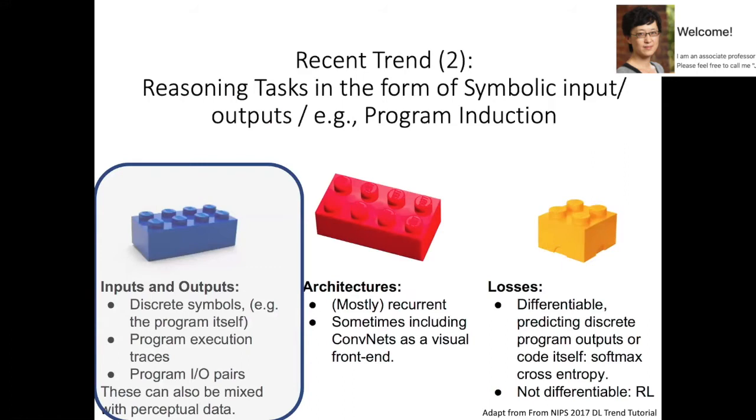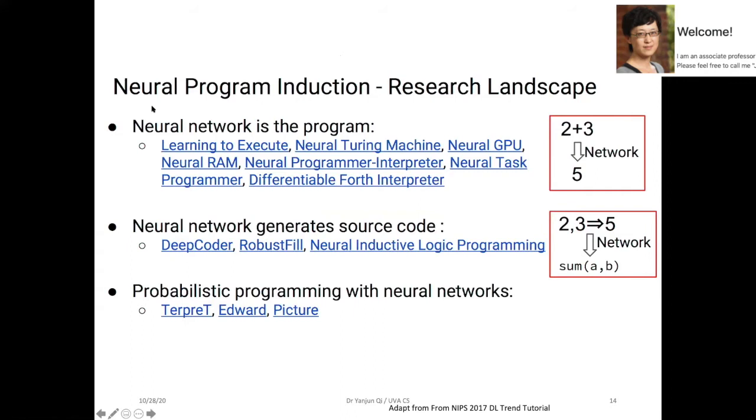The second trend is about symbolic input, where there is some kind of ordering among the symbolic input. The most classic is the program. There is very good work where you feed in input-output pairs. In this case, the input is 2 and 3, the output is 5, and you can learn a very good neural network to perform that sum of A and B function.